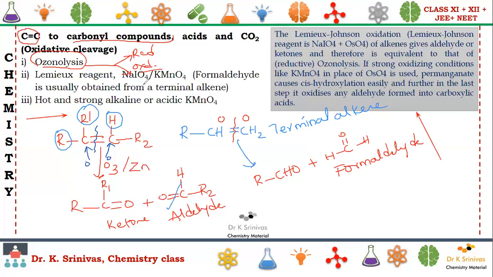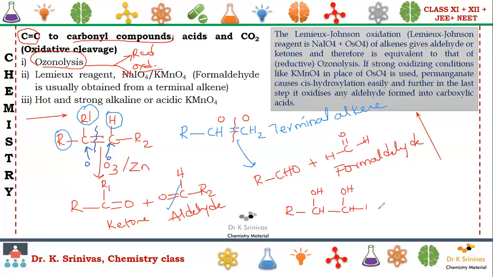Similarly, we can use other reagents also. What are the other reagents which we are using? NaIO4, in combination with potassium permanganate. Here we are going to see the bond breaking. I will take one specific example: R here OH, I am taking H here, one more carbon with OH here.